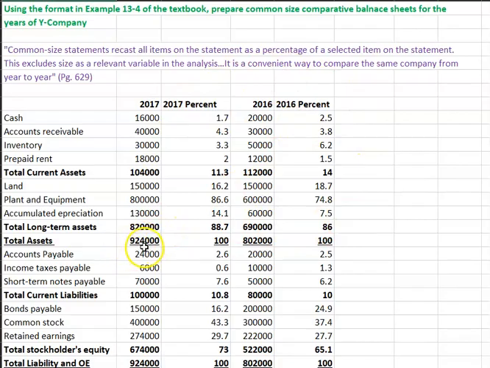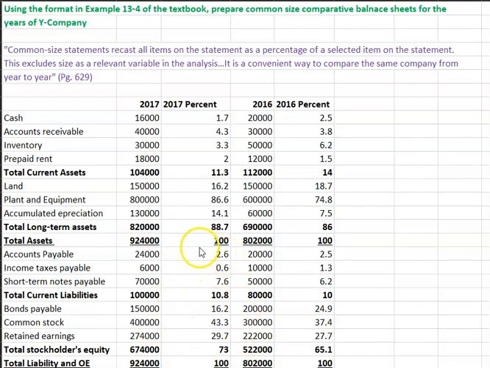You take the specific amount of money within each account, and then you divide it by the total asset. And that'll give you the percentage for that account compared to the total. Same goes for the liabilities and owner's equity. When trying to calculate the various accounts, take the amount of money, divide by the total liabilities and owner's equity.